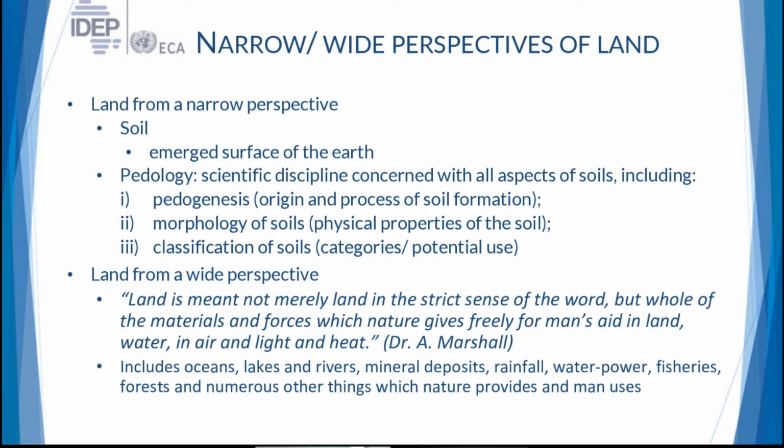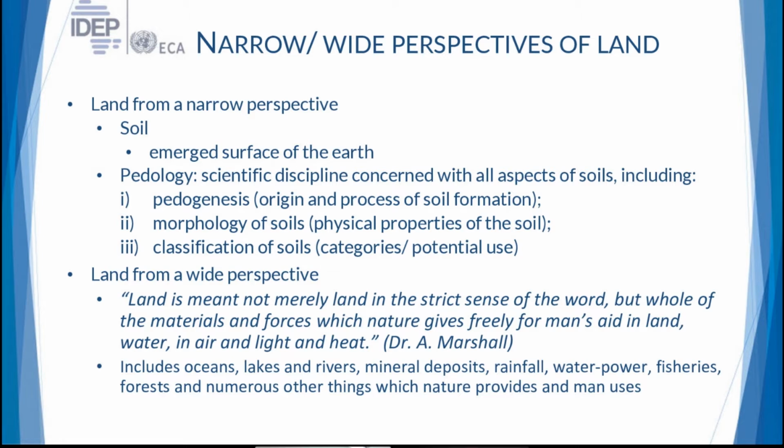Land, according to Marshall, is not merely land in the strict sense of the word, but the whole of the materials and forces which nature gives freely to man, in land, water, in air, and light and heat. So this is a definition by Marshall.